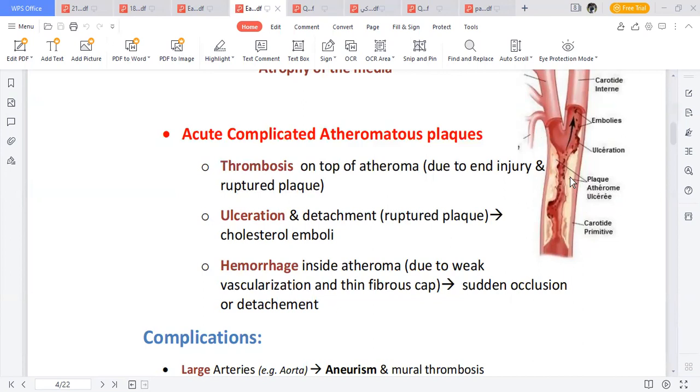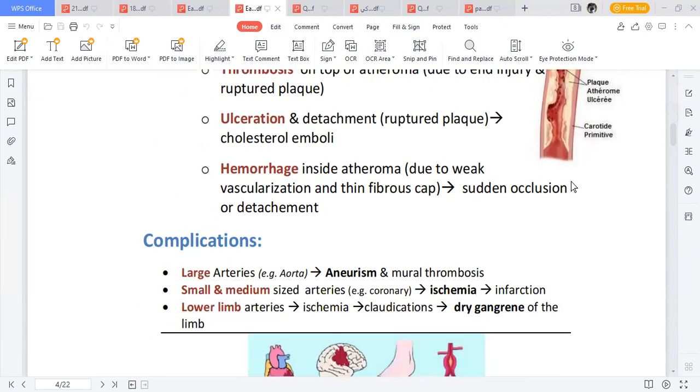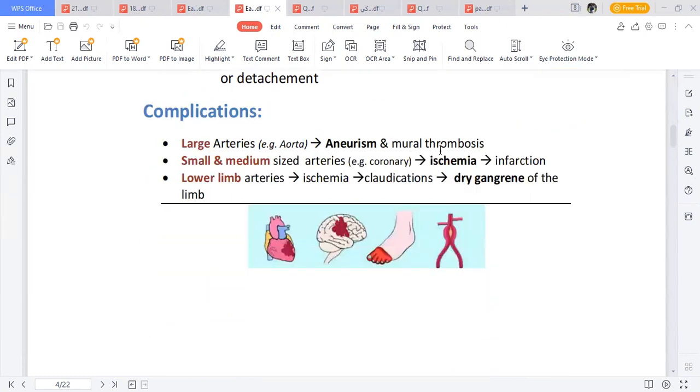When they detach, that will occlude the smaller blood vessels inside the atheroma plaque because of the lipid that is there, and the weak vascularization will lead to reduced blood to the atheromatous plaque, and hence that will lead to bleeding or detachment and the likes. What are the other complications?